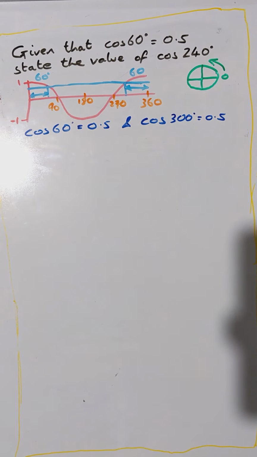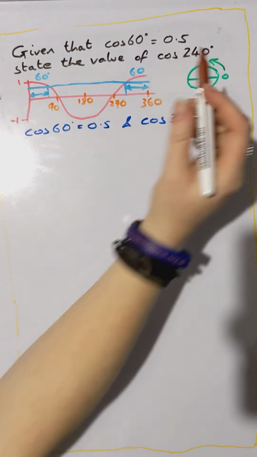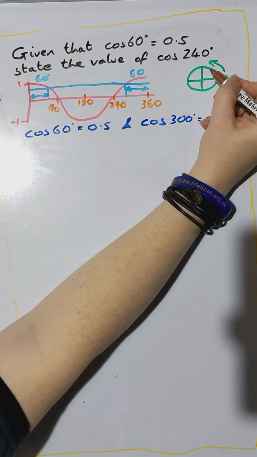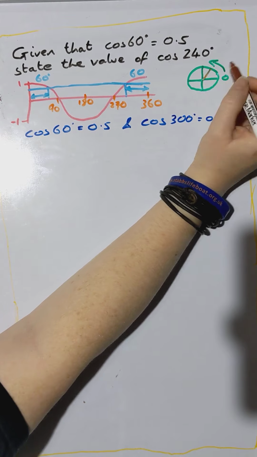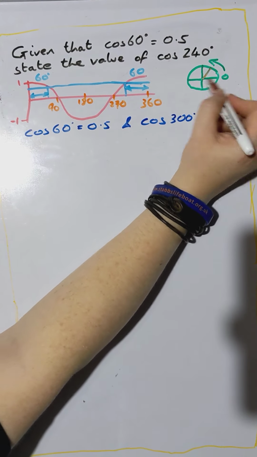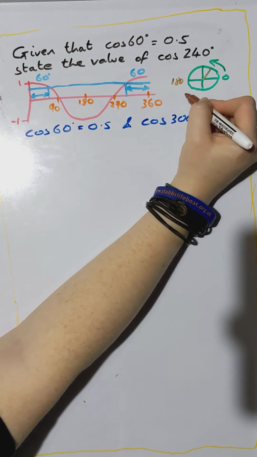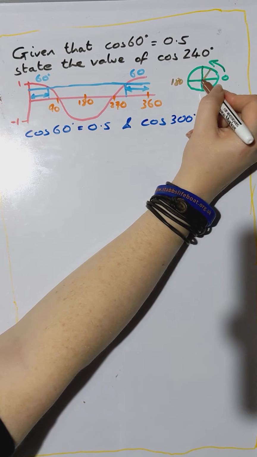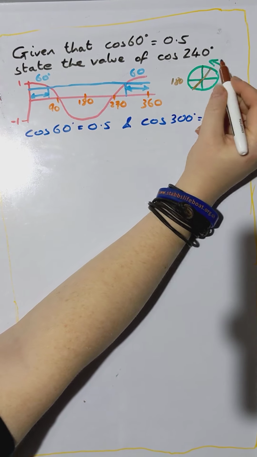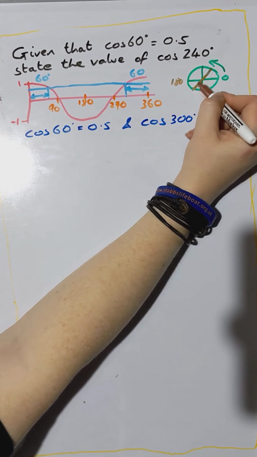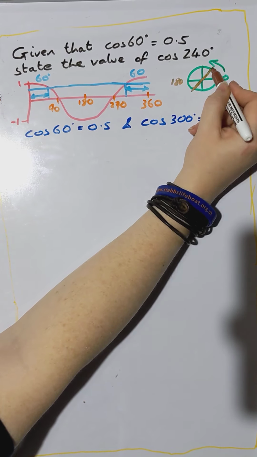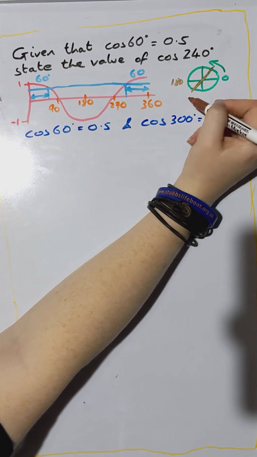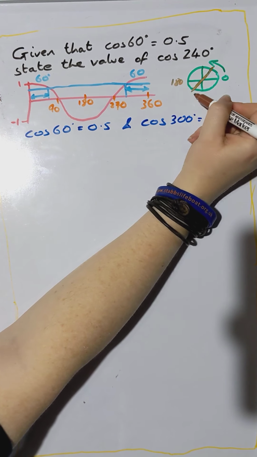This is where I say CAST can be useful. Our 60 degrees is about here. And our 240, well, that's 180. To get to 240, we're going on 60 degrees. Can you see? That's a diameter we've created straight through, which tells us we've got a symmetry going on.